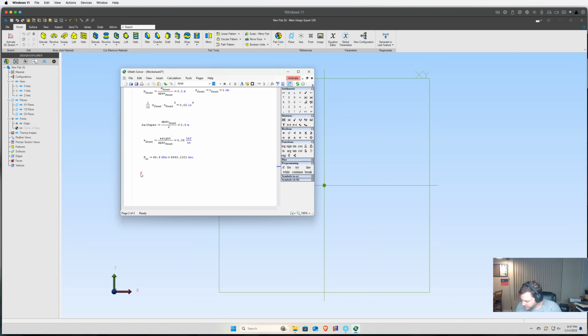And let's see, max deflection. So that is going to be y max, we'll call that, or y at the front, because this is max deflection of the front, and that's all we really care about right now.